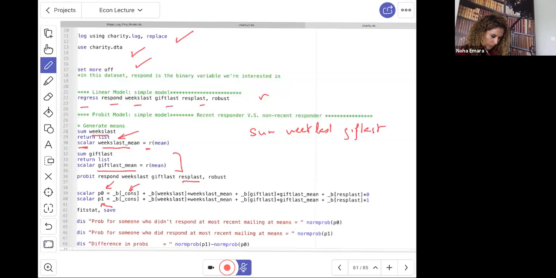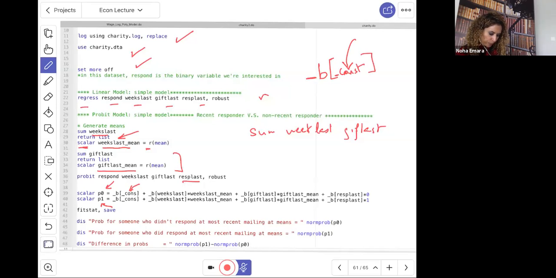And remember, anytime I want to extract the intercept, I go to the matrix of coefficients, which is underscore b and square brackets. And I write here the name of the variable exactly as it appears in the regression. As you can see, I don't have the constant term here, but it's saved somewhere in the background as underscore cons, which is the intercept.